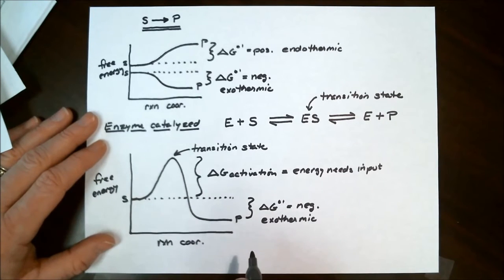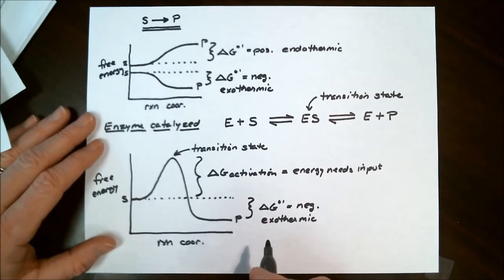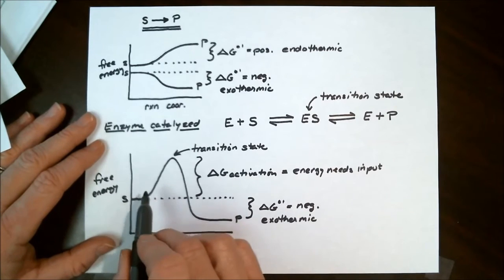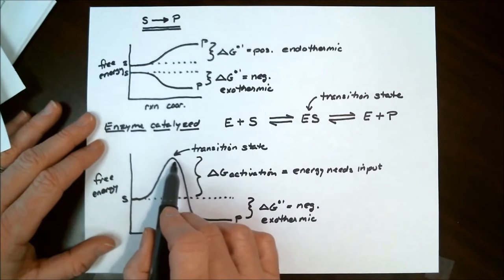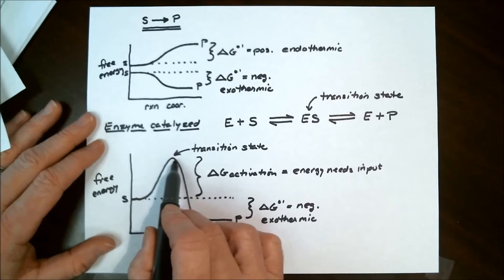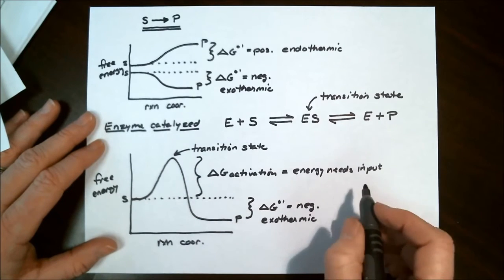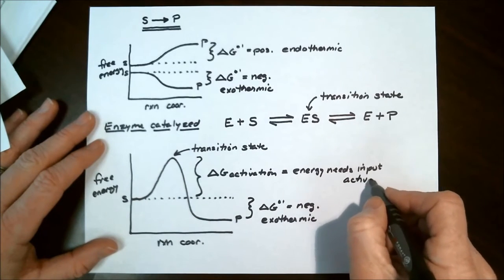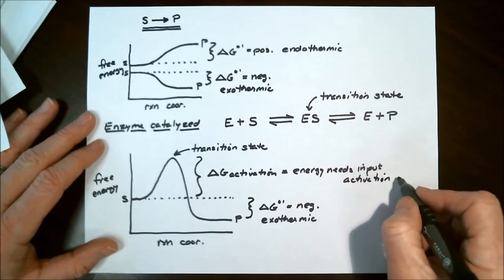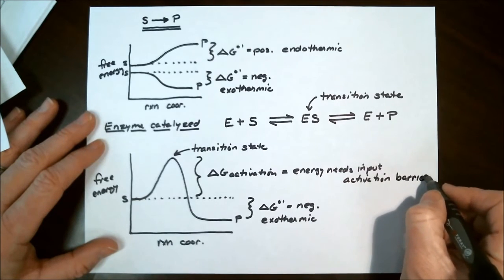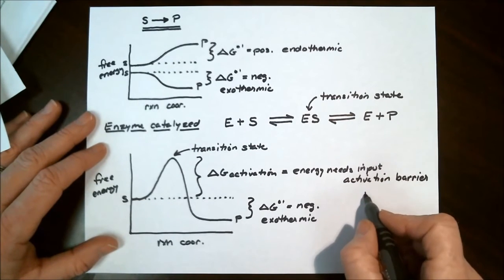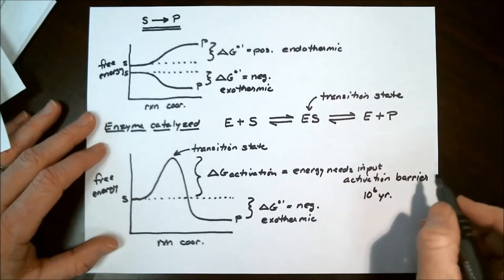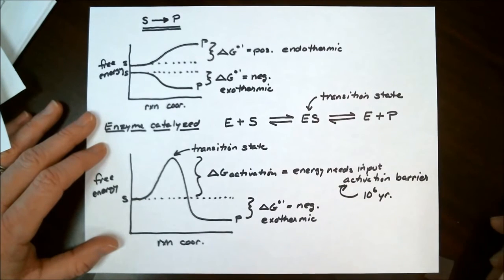Now, does this reaction occur without an enzyme? Sure. Over the course of time, some environmental change might occur so that we can put this much energy into a reaction to get it over this activation barrier. Now, the problem with this is that this could chemically take many, many years. Let's say, for example, 10 to the 6 years to overcome this activation barrier. That means the reaction will go.